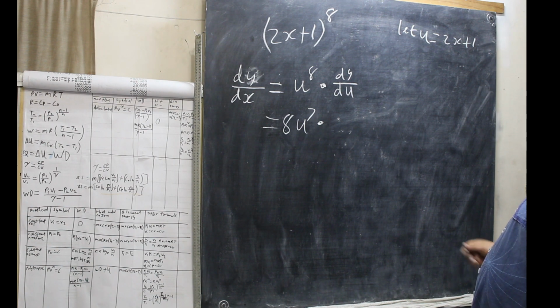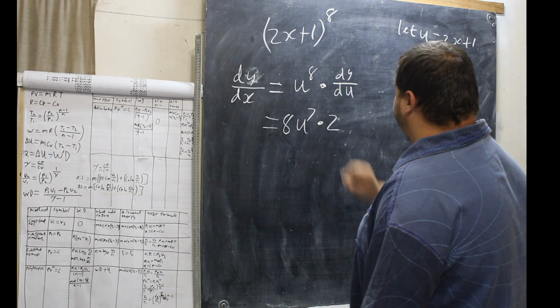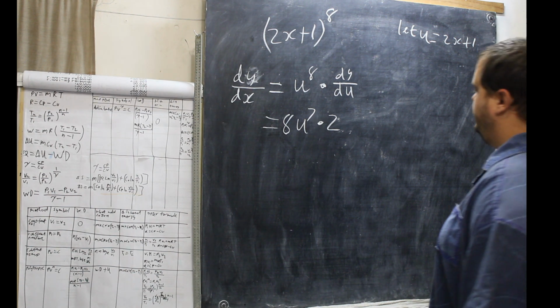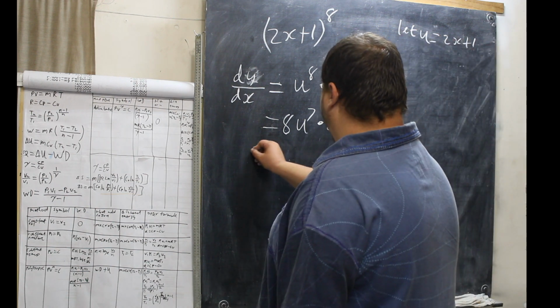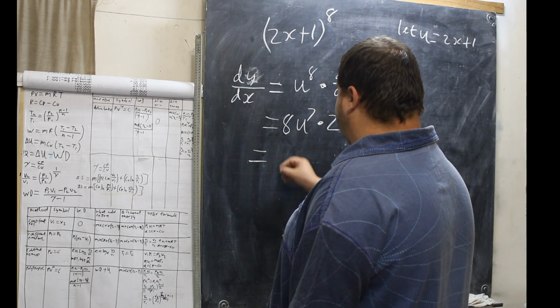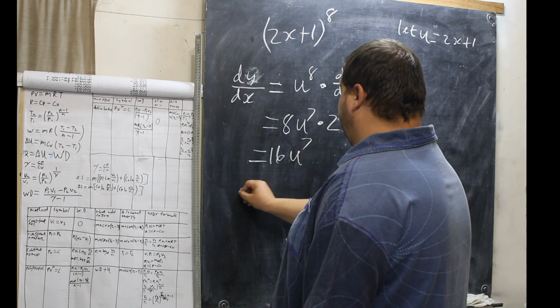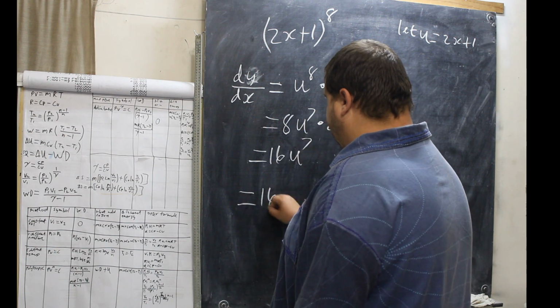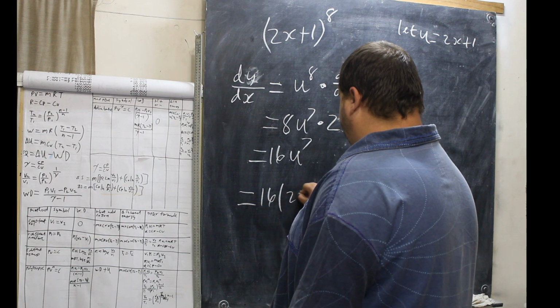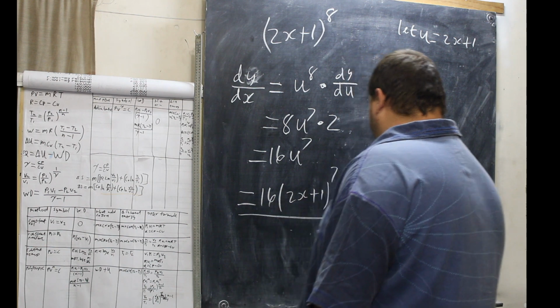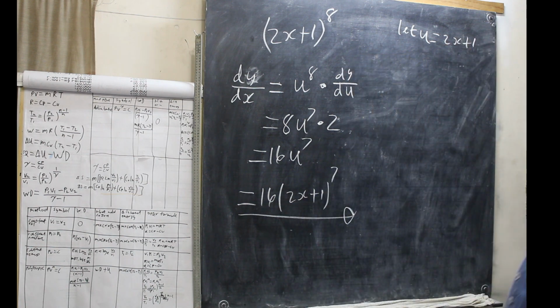If we differentiate that, it'll equal 2. So let's put it all together. 2 times 8 is 16, u to the power 7 equals 16 times 2x plus 1 to the power 7. And that is our final answer.